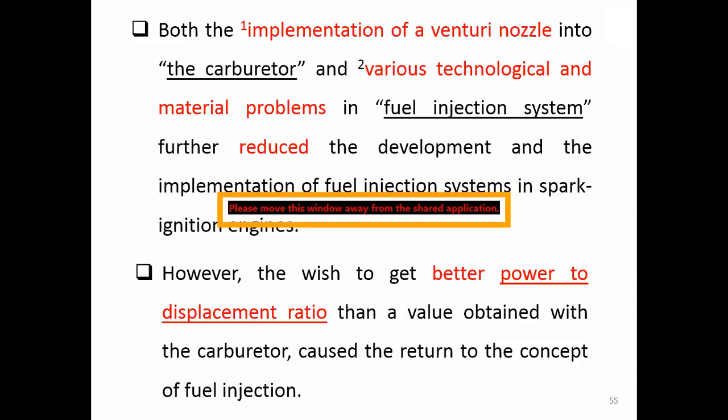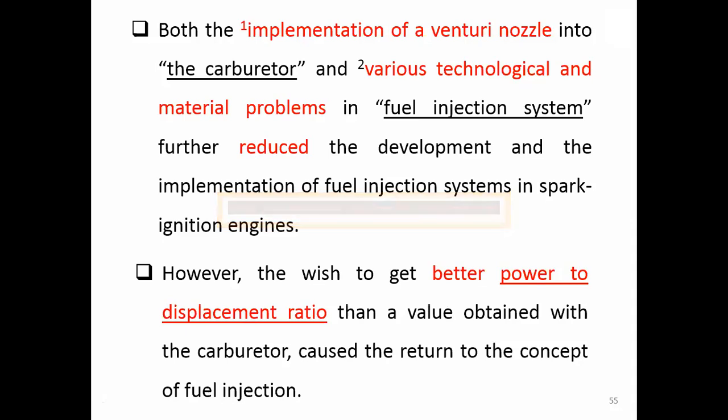Which the carburetor cannot give them. If they kept on using the carburetor, they would never get a better power-to-displacement ratio, or a small engine with a big punch, okay, cannot.